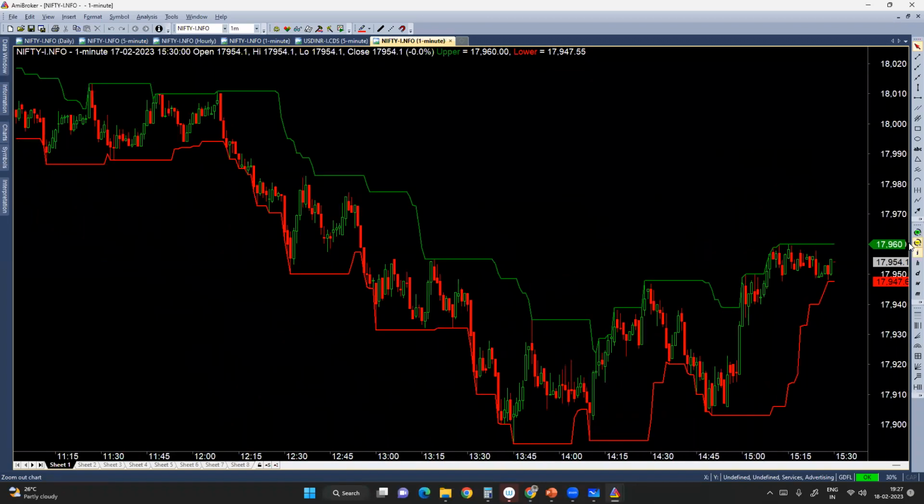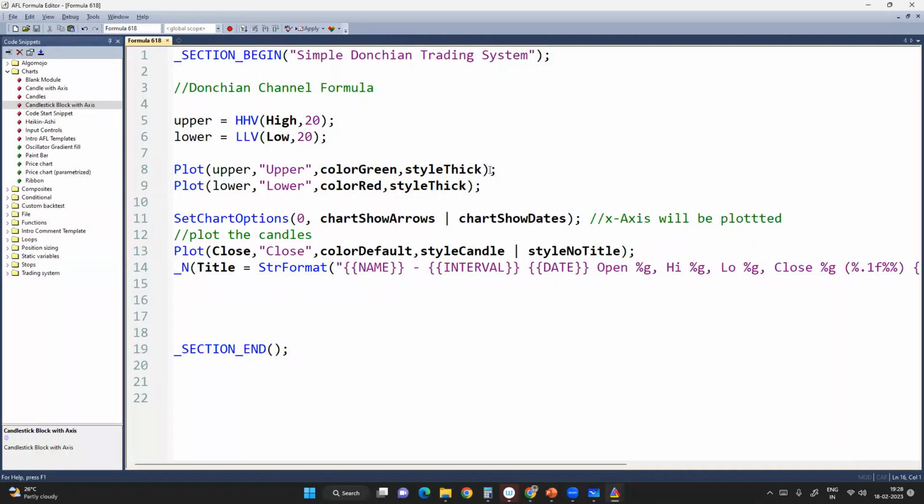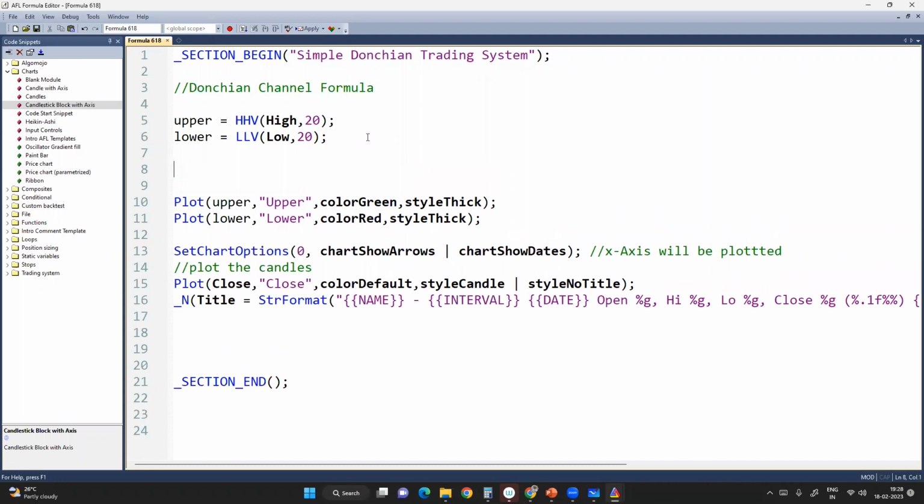Now, on top of this, I'm going to look for breakout trading. So I'm going to write a formula. I don't want to deal with the current upper channel and lower channel because the current upper channel and the current lower channel fluctuate.